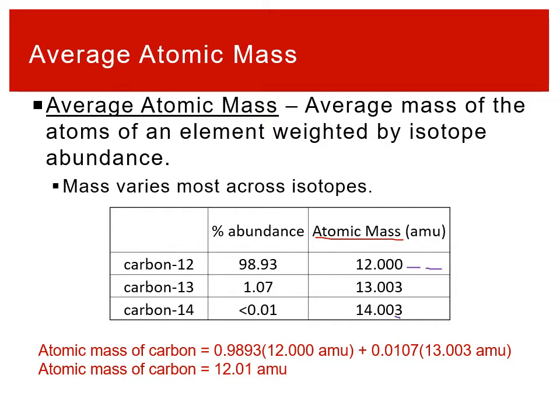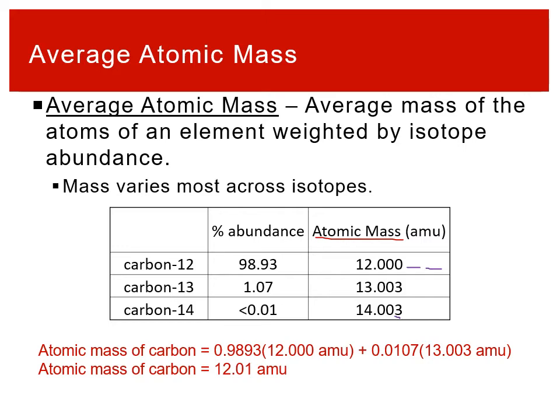We have percent abundances that we can figure out experimentally, and we can use that to determine what the atomic mass is. So an average carbon atom has a mass of 12.01 AMU. Carbon 12 is close to 12 AMUs, and carbon 13 is close to 13 AMUs, but on average, we're in between that. And there's so little carbon 14 that it really doesn't matter what it is.